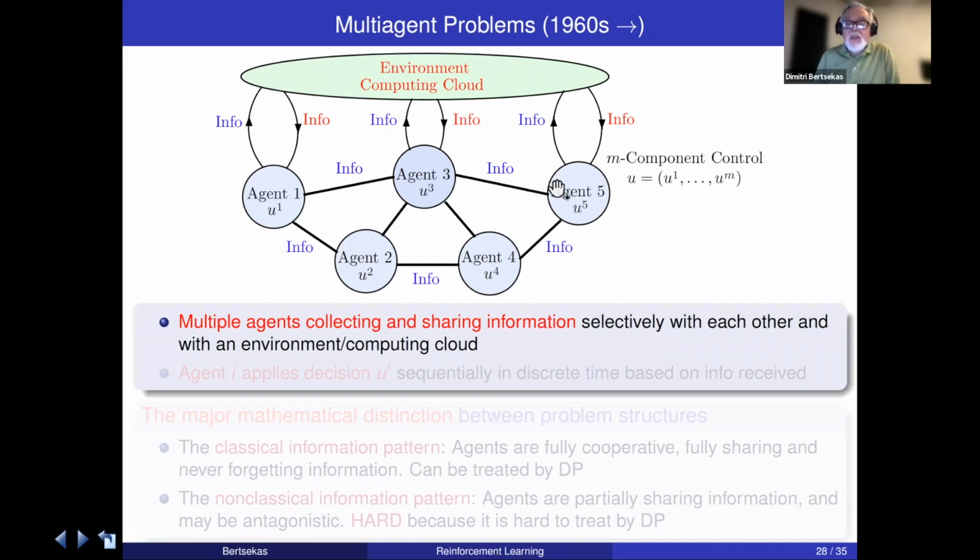Now, these agents make decisions in stages, and they collect information about the environment, either on their own or through information exchange from some computing cloud, and they transmit to each other. They share selectively with each other.